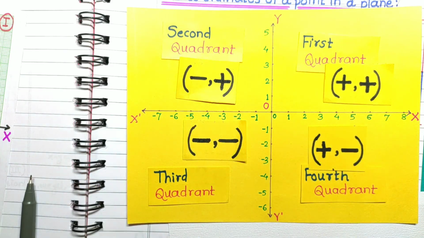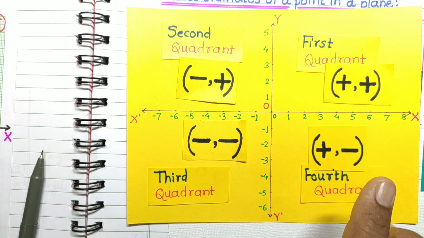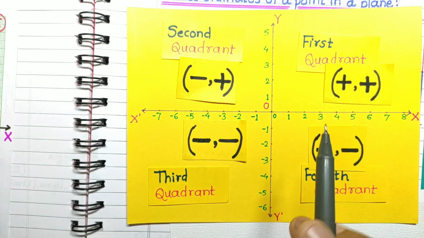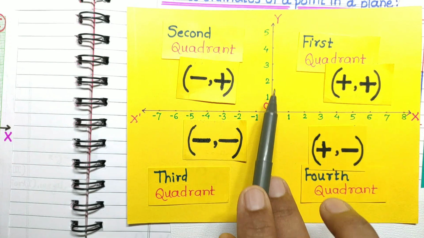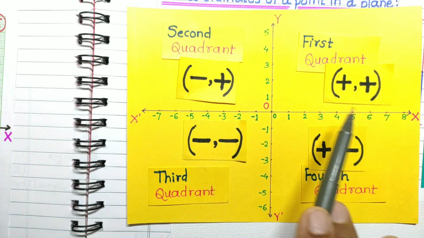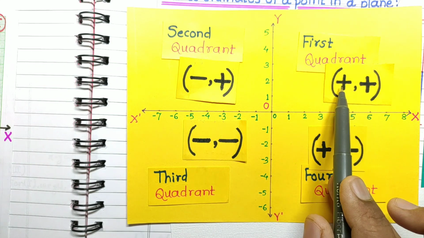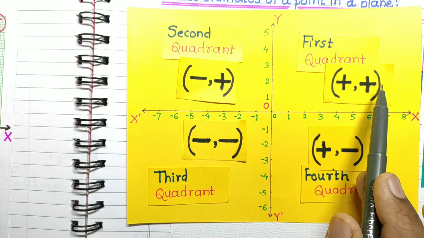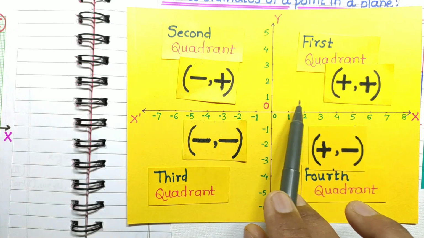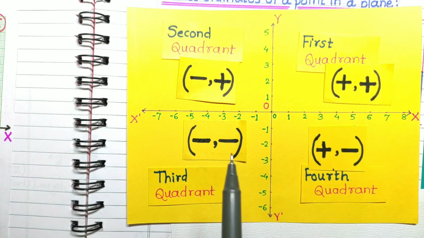Now don't jumble with these signs, you just remember it like this. The first quadrant is made up of positive x-axis and positive y-axis. So both the coordinates have same sign plus, since it is made up of positive axis.